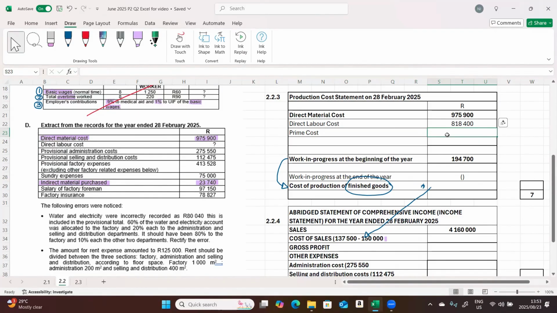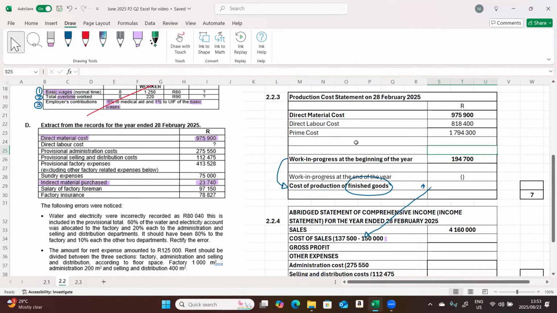So you add your 975,900 Rand plus your 818,400, and then you get your prime cost, which is 1,794,300 Rand. Can you see we are completing the production cost statement? Perfect, so that is what we have so far.